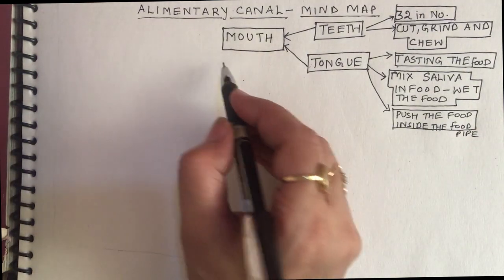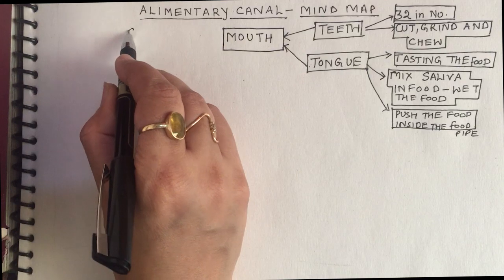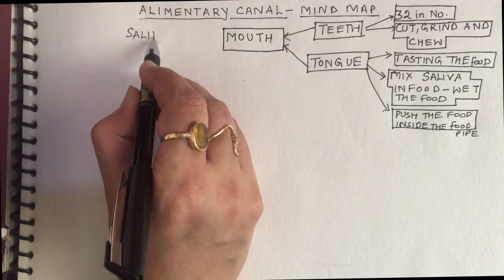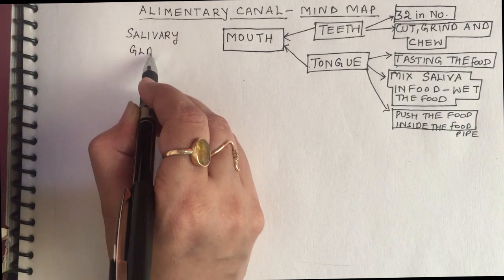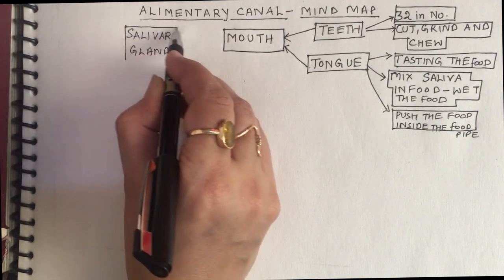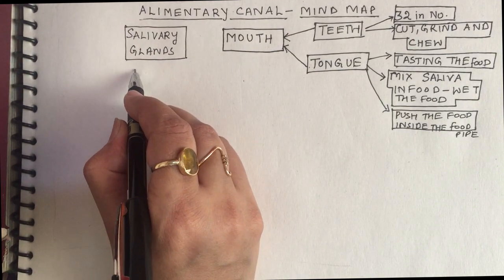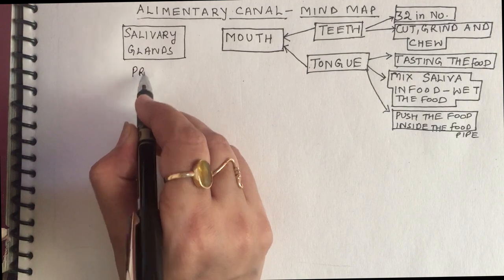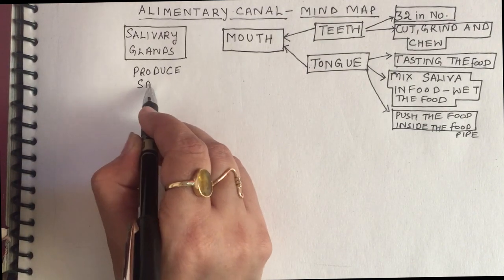What is the function of the third thing which is present in our mouth, which is known as salivary glands? Salivary glands are 3 in number. They produce saliva which has enzymes present. What is the function of saliva?